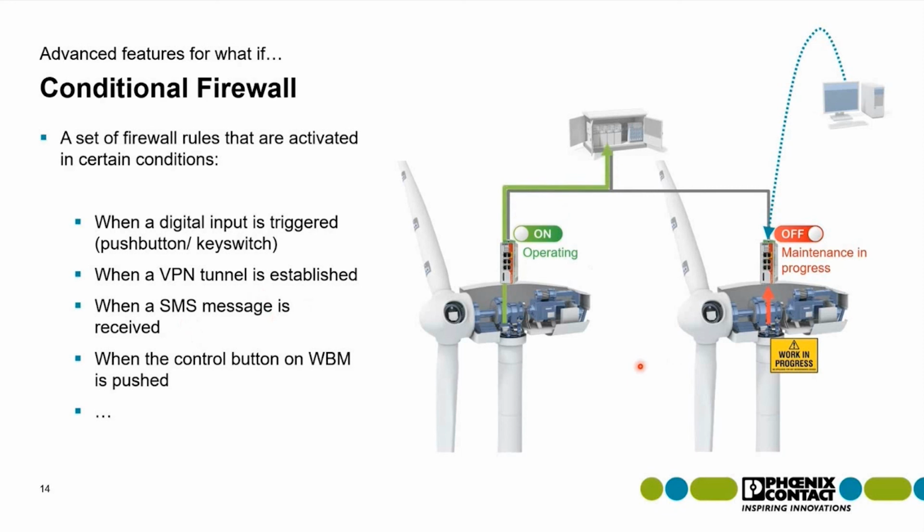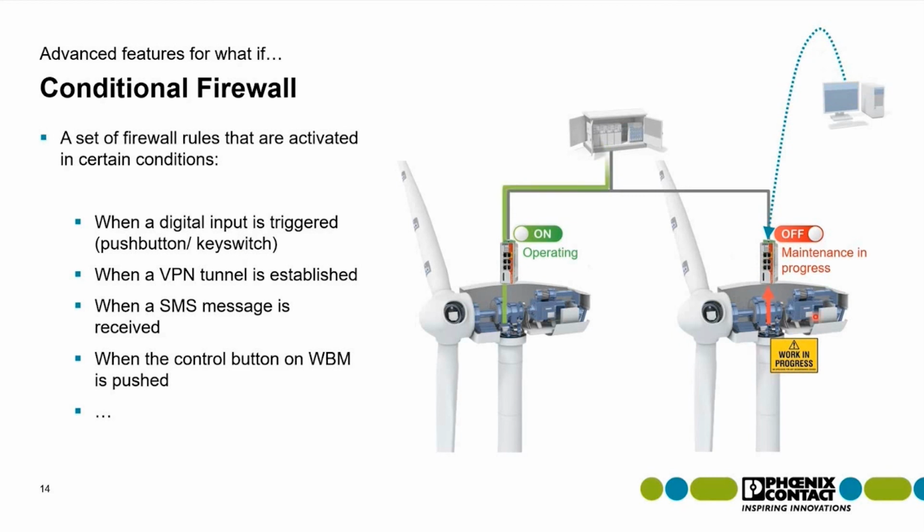So in this case, for example, normally the wind turbine will send data to a substation. The path is open. But under the scenario or condition of maintenance, you would, for example, turn the key switch off. Then this traffic is blocked, and a remote access is opened so that the remote site can log in and access this wind turbine.